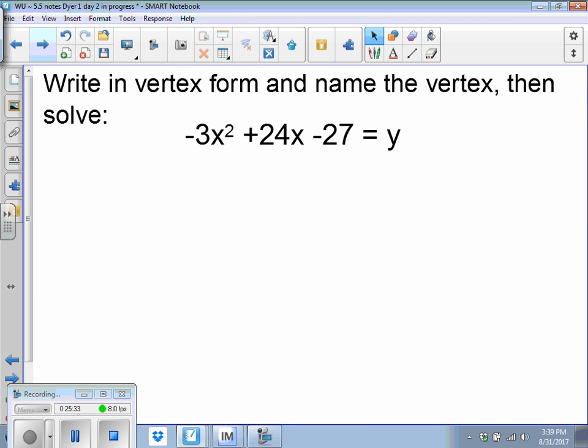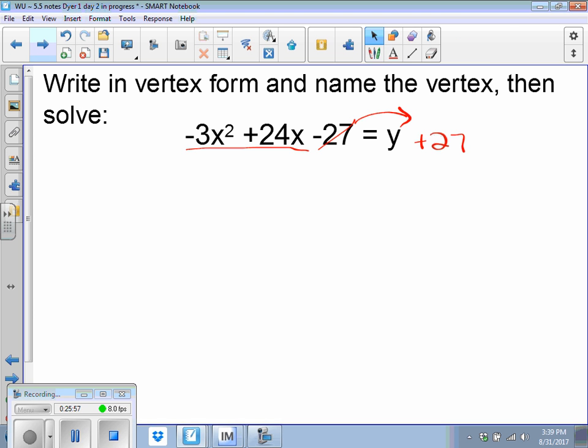Write in vertex form and name the vertex, then solve. So once again, this one's already set up, y equals, so that's great. So all we have to do is step 1, take your constant, move it over there. That gets rid of it right here. Step 2, factor out a -3, because we want a positive x squared left.